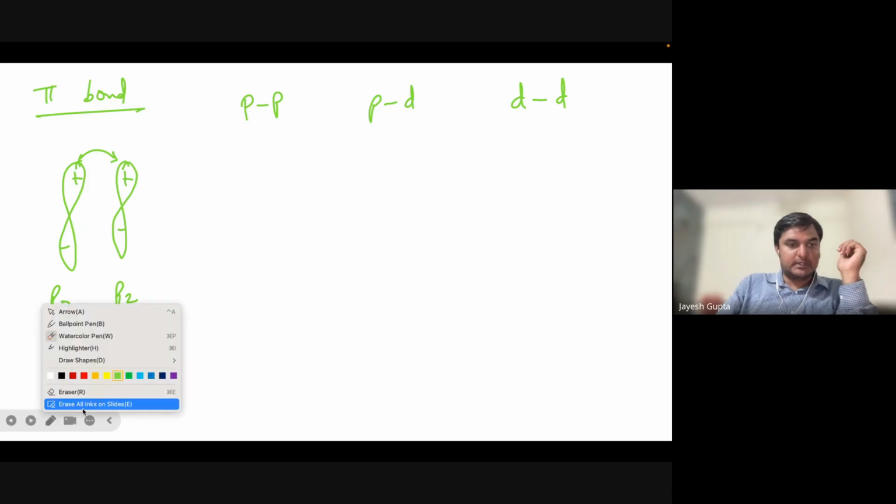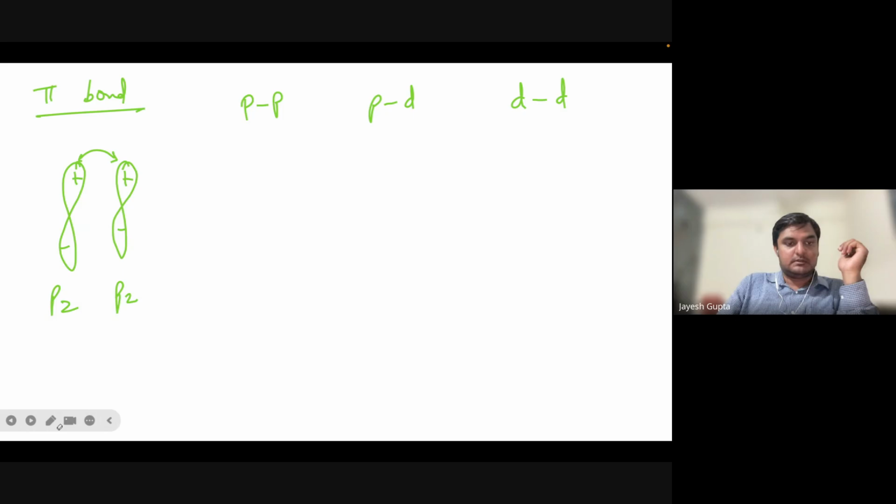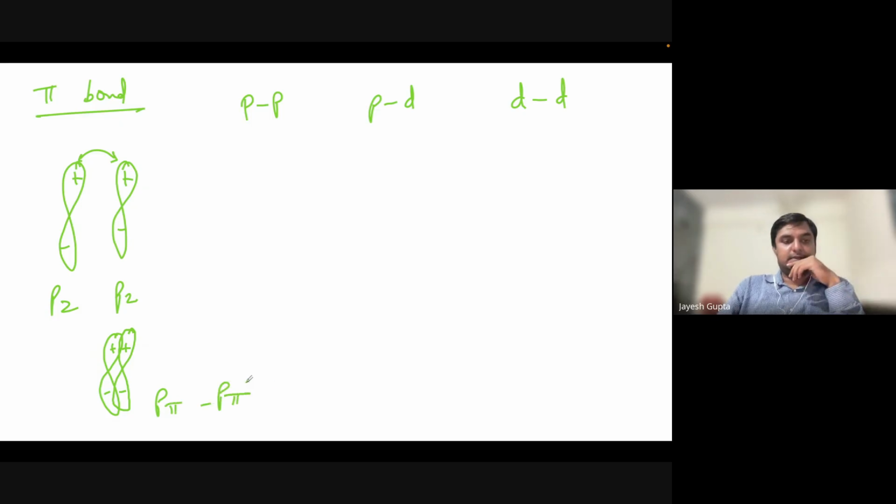It will look like this. So this we write as p pi overlapping, because a pi bond is formed by lateral overlapping and the p orbital is involved in this.